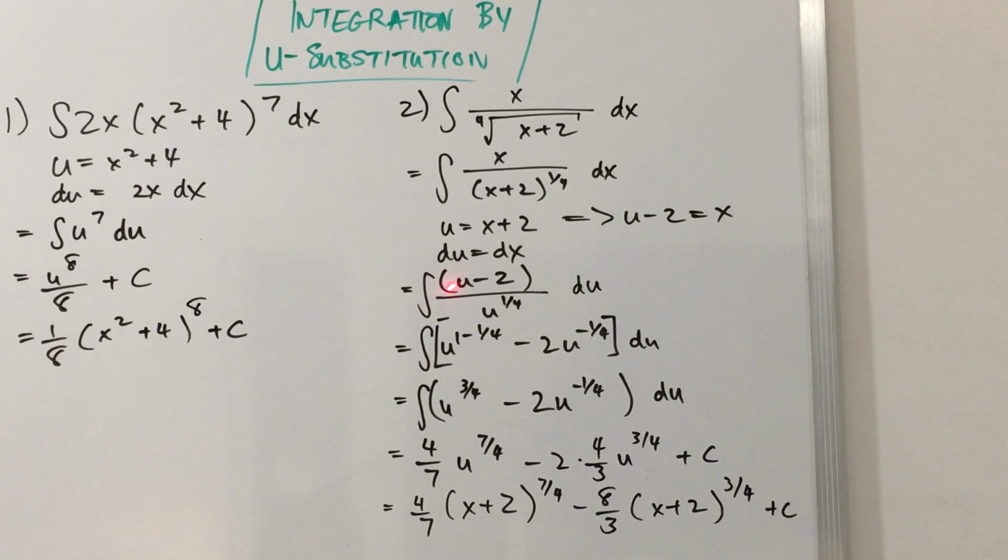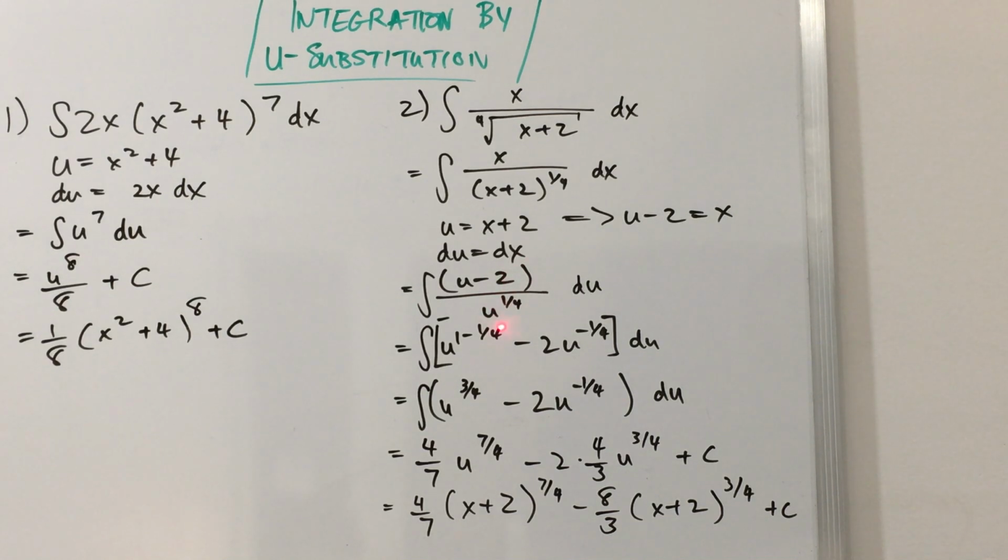So anyway, we get (u minus 2) divided by u to the 1 over 4 du. So you just integrate that. What I did here is use the exponent laws: u divided by u to the 1 over 4 becomes u to the 1 minus 1 over 4.